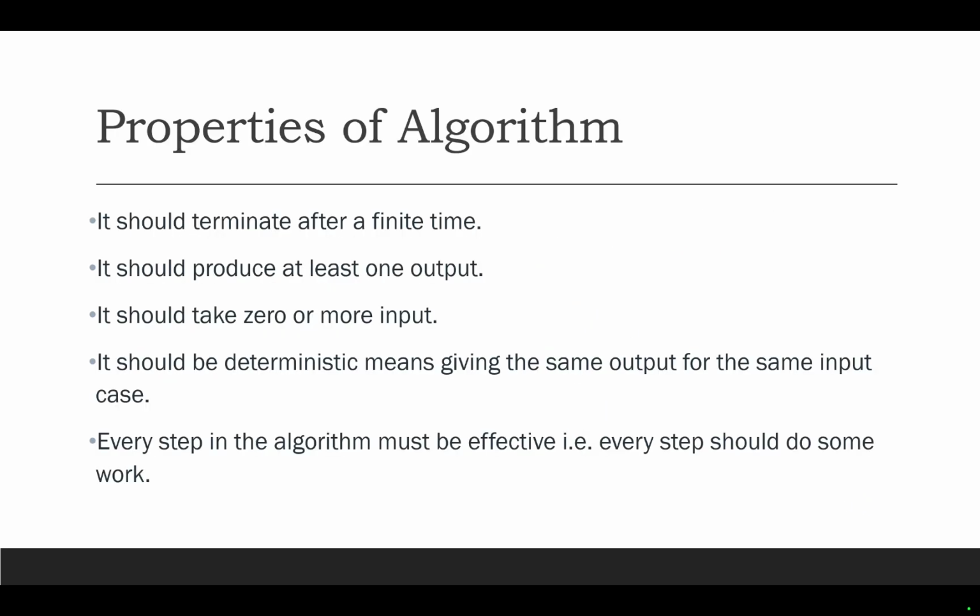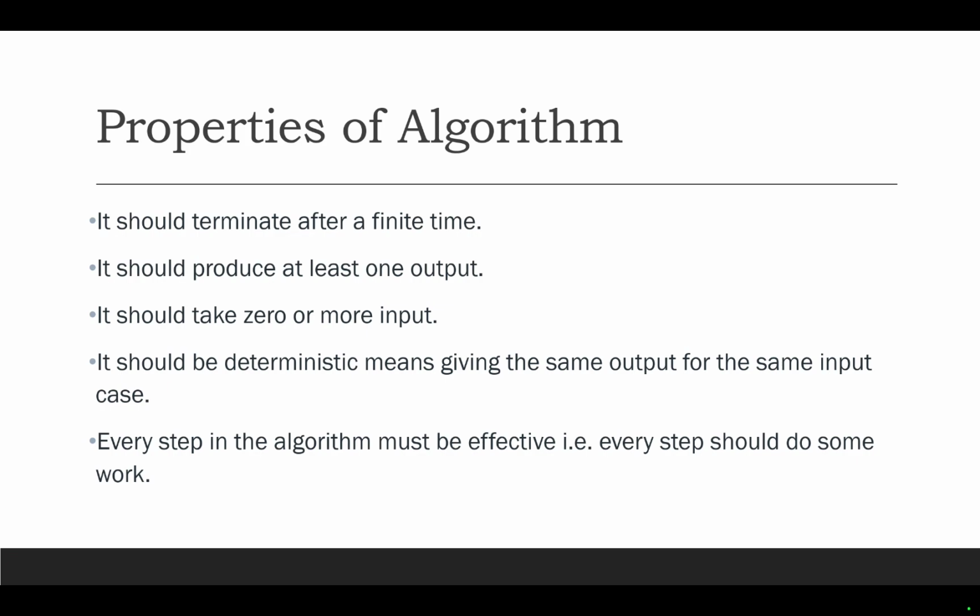The next one is the properties of an algorithm. Every algorithm should terminate after a finite time, and it should produce at least one output. Sometimes there may be no input, but there should be at least one output.